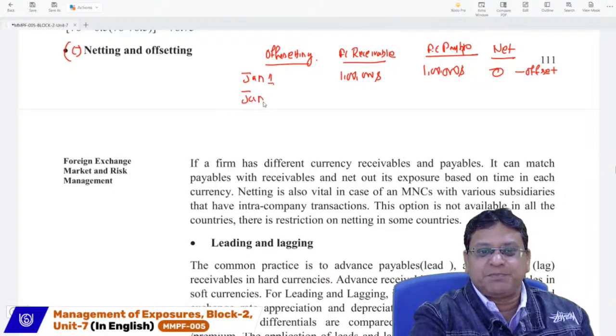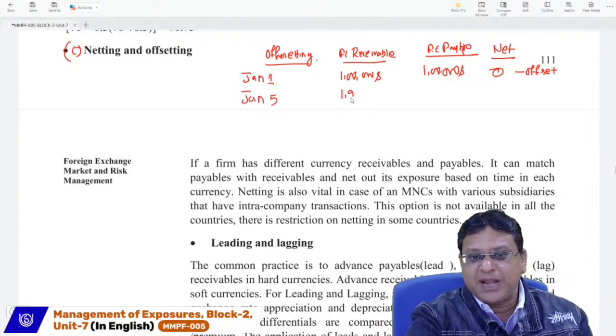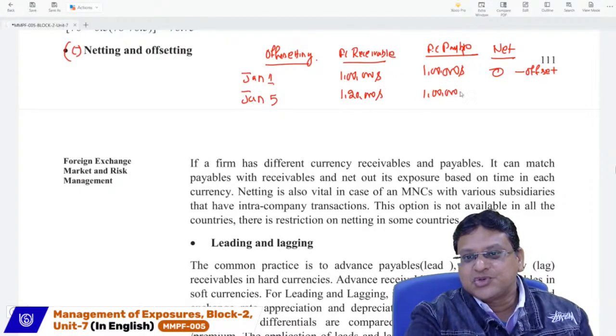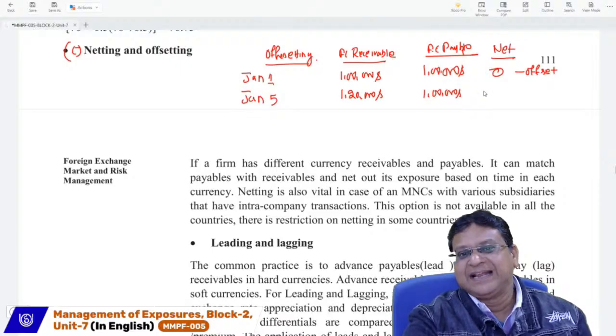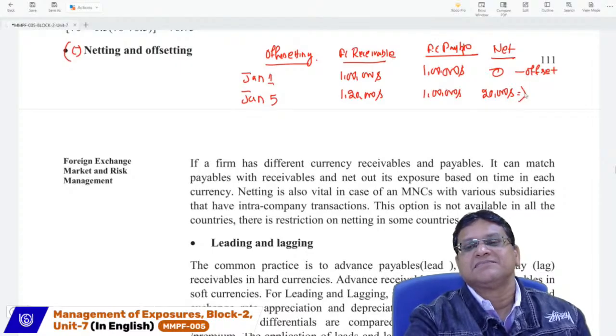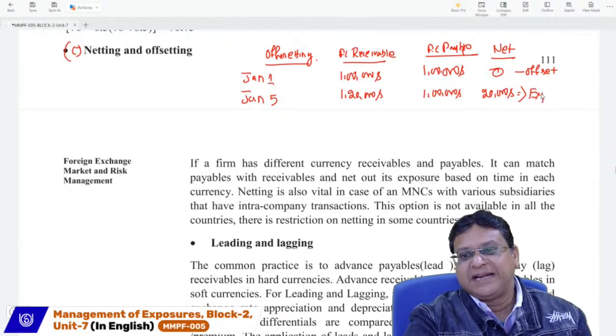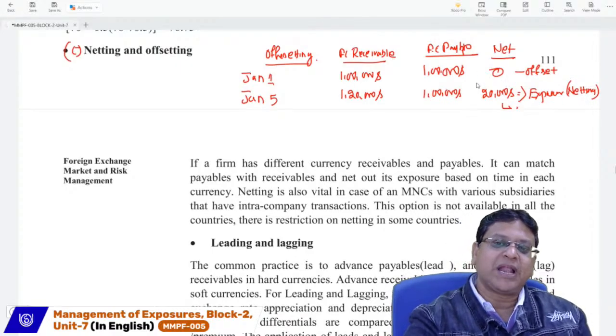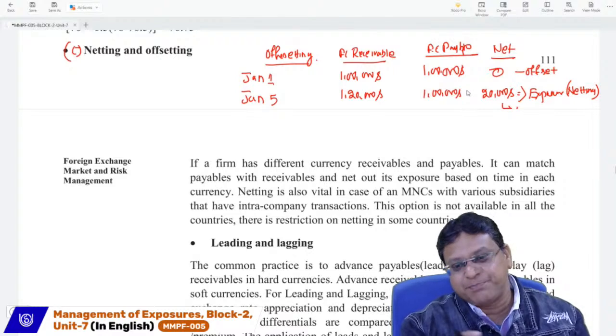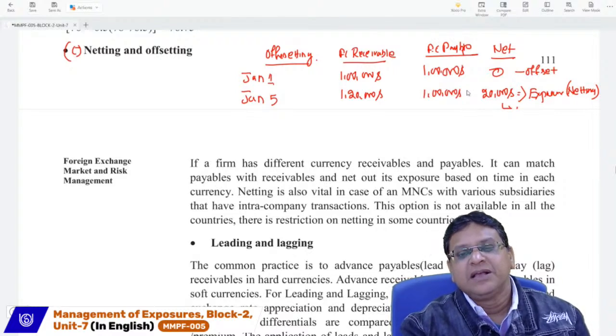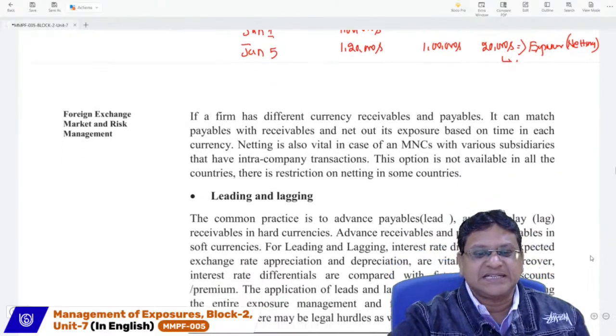Suppose on January 5 you have receivable $1,20,000 and you have payable $1 lakh, so you have a net $20,000 exposure, and this net 20,000 is known as netting. So offsetting means total risk is cancelled. Netting means for the balance amount we design the risk hedging technique.